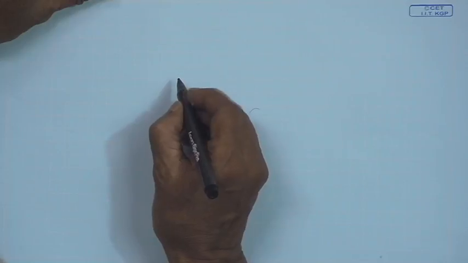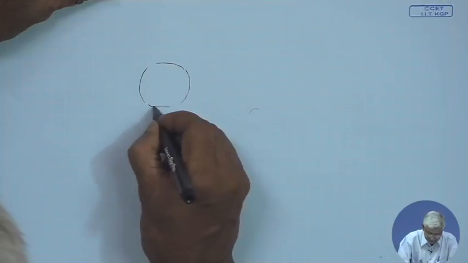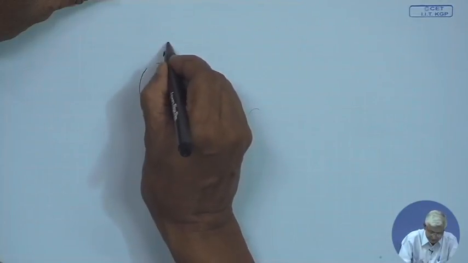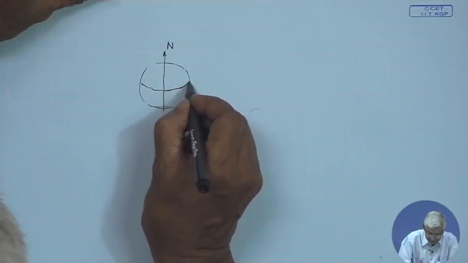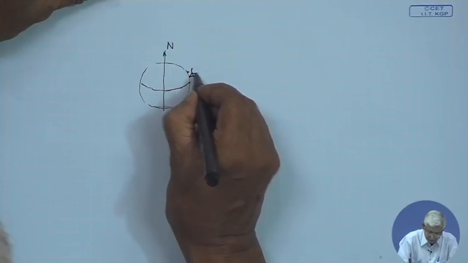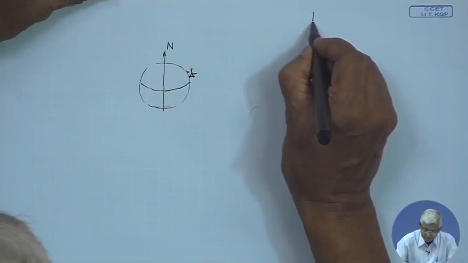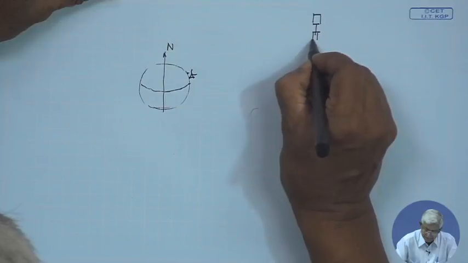Now, let us go into the other type of losses. The power is transmitted from the antenna and received at the receiver, and in this satellite communication between earth and satellite, there is a medium which comes in. Let us try to draw very briefly, the earth with north this side and the equator here, and a location where our small antenna is put, and a satellite high up in the orbit which may be geosynchronous.